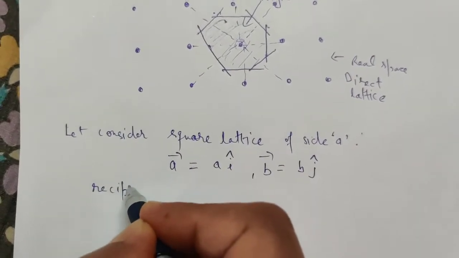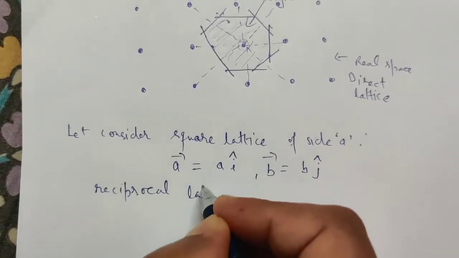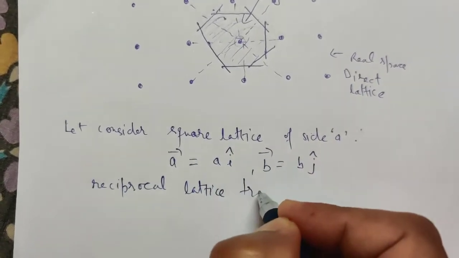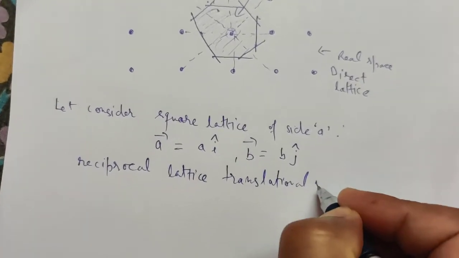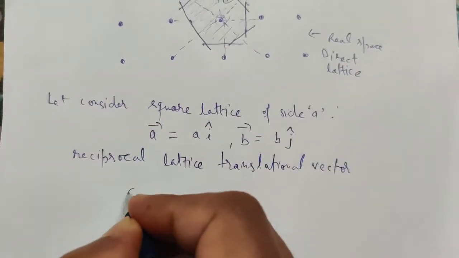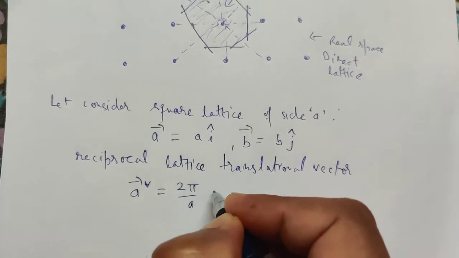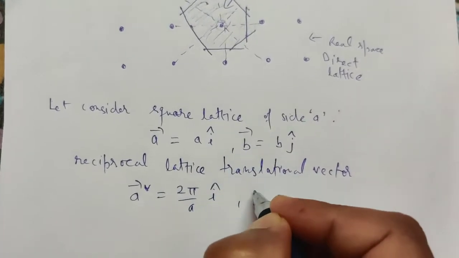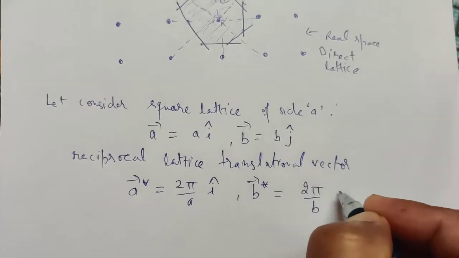So reciprocal lattice translational vectors will be a star equals 2 pi over a i, and b star equals 2 pi over b j.